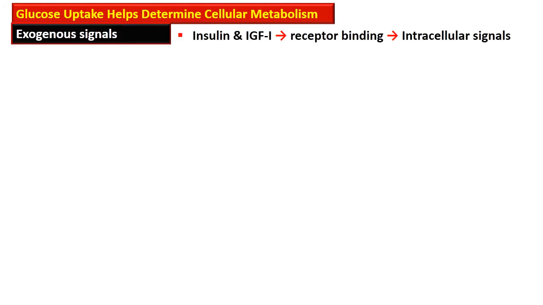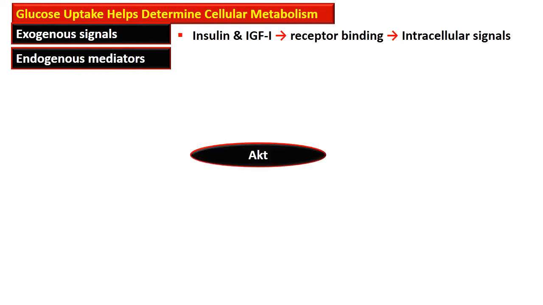Glucose uptake can be due to exogenous signal and endogenous mediators. The exogenous signals are insulin and insulin-like growth factor 1 that binds with its receptor and causes the intracellular signaling that is responsible for further effect.